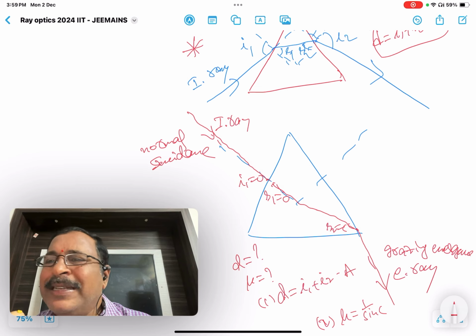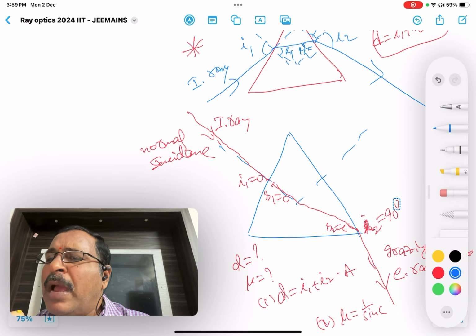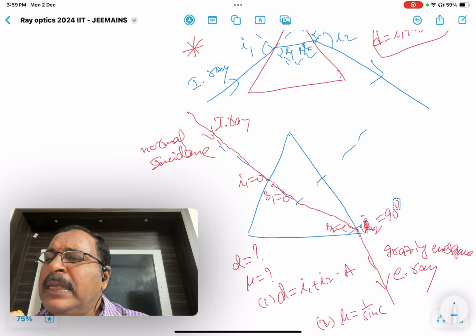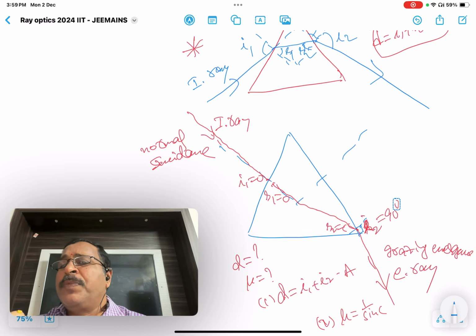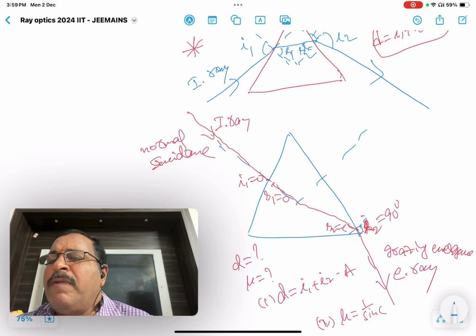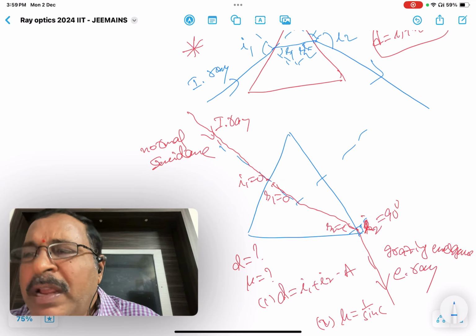You know that concept. And I2 equals 90 degrees, because if you draw the normal here, this angle becomes 90 degrees. If you substitute all these conditions in the first bit, D equals I1 plus I2 minus A, you will get the angle of deviation.